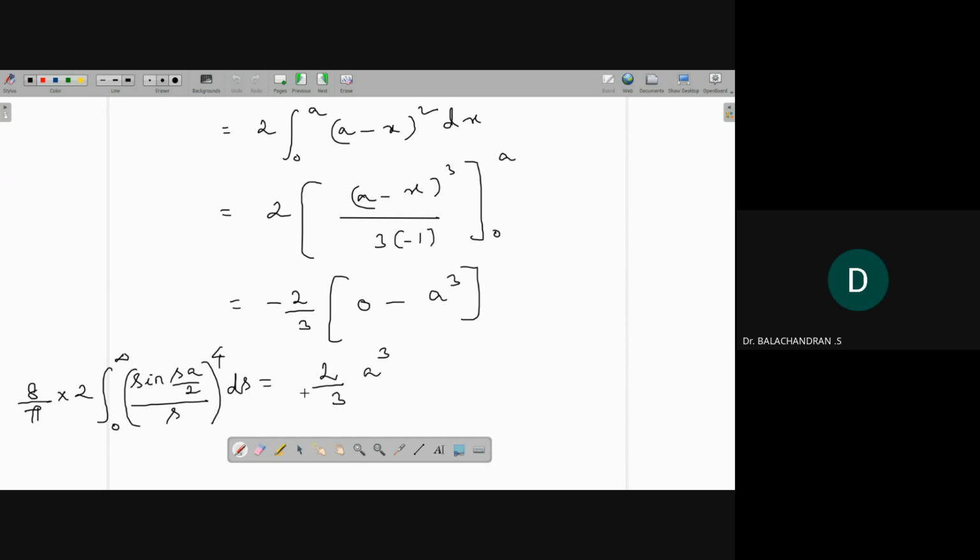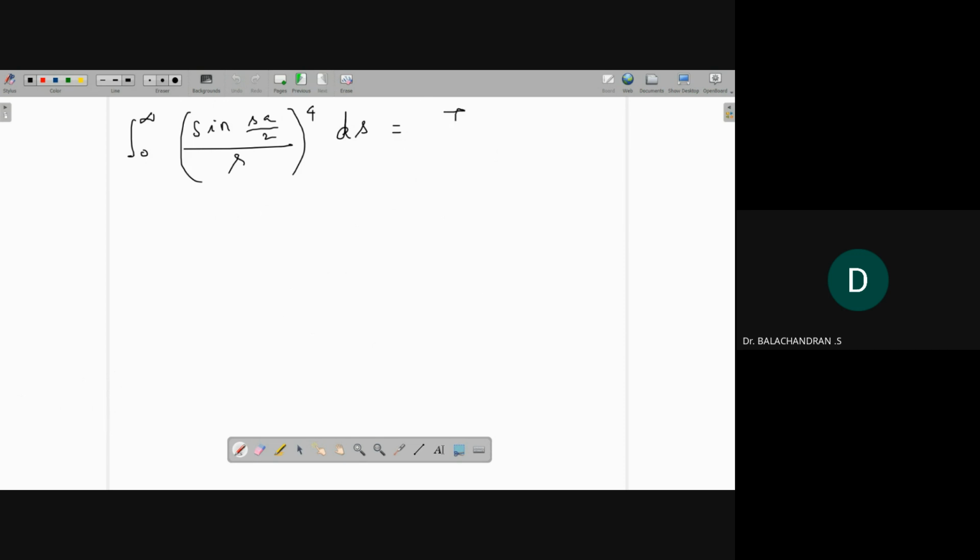You can cancel 2 into pi by 24 into a cube. Pi by 24 into a cube.